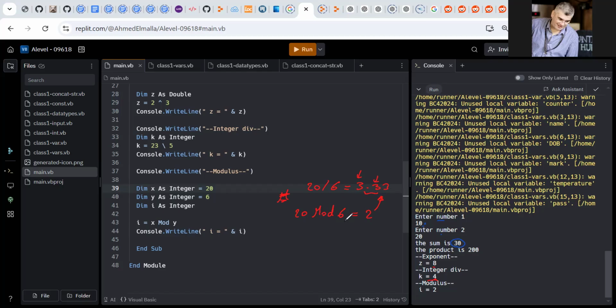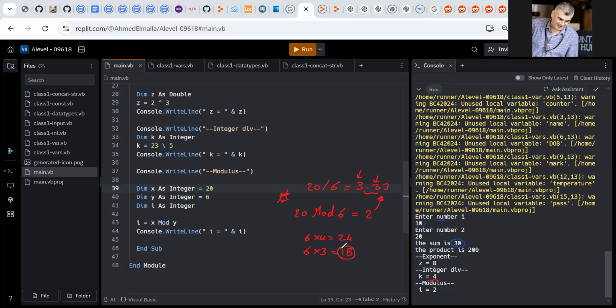If you want to know the remainder, we try to multiply 6 by a number that will give me a number that is smaller than 20. If we multiply 6 by 4, it gives me 24. If I multiply 6 by 3, it gives me 18, and 18 fits my point here.